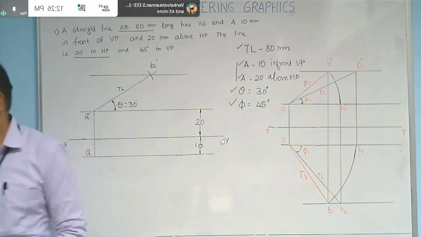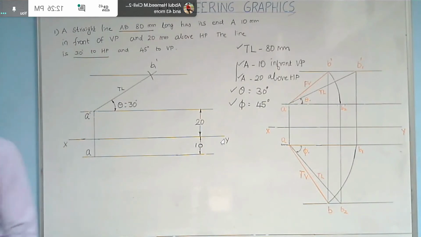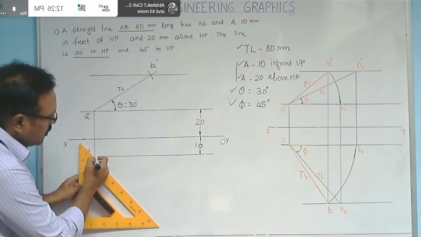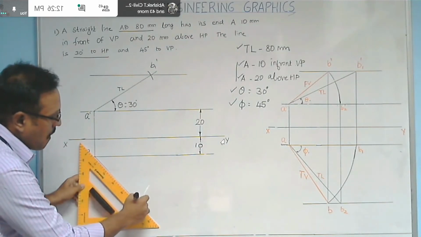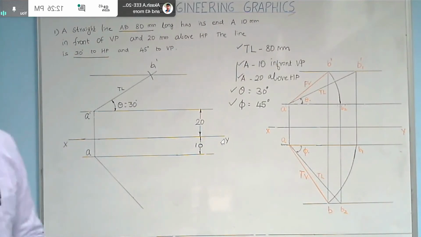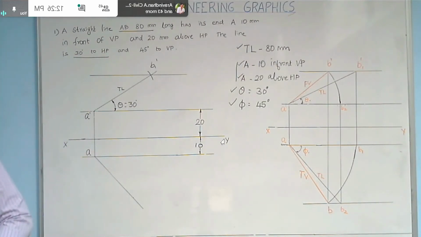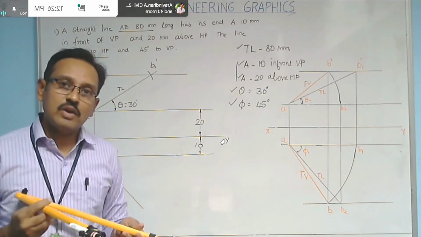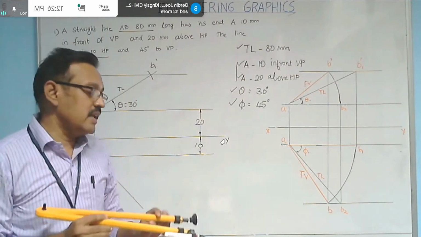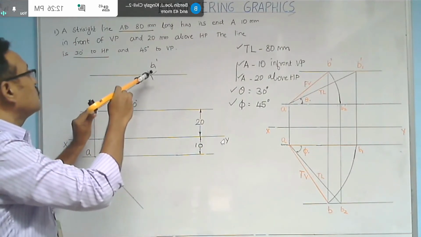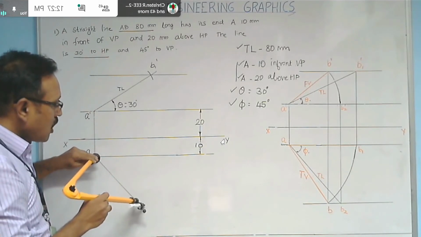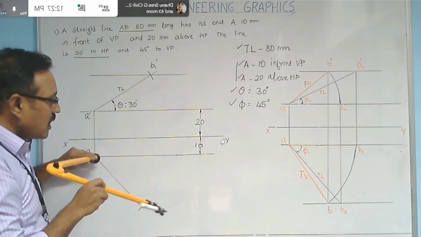So now I have taken 45 degrees. Through 45 degree, you drop a line from here. Okay, right. So now you take again your compass. Again take the true length, which is 80 mm. I keep it here and I draw an arc.